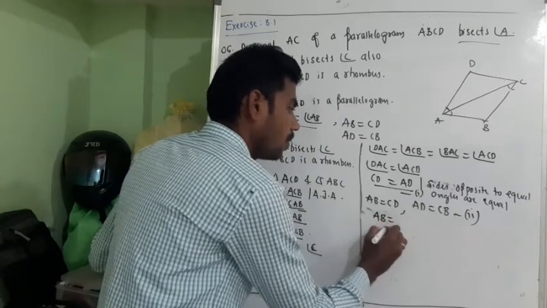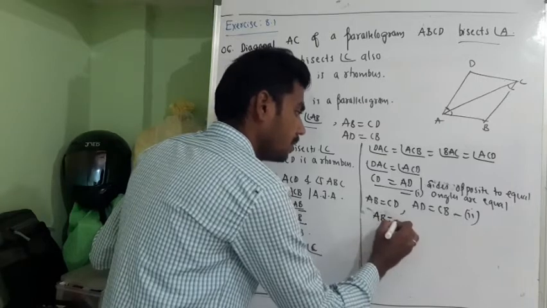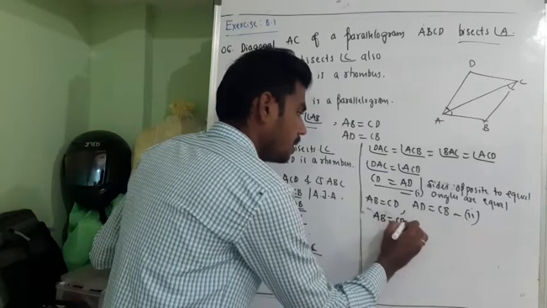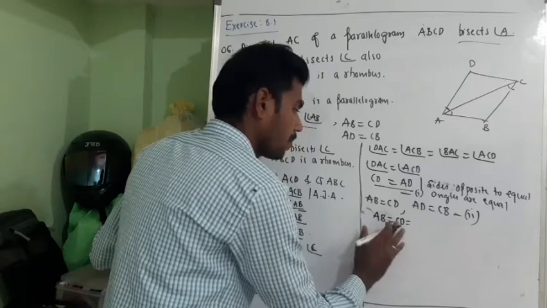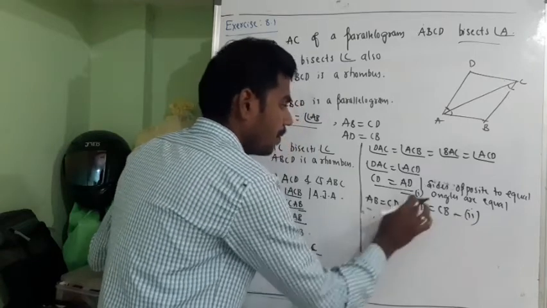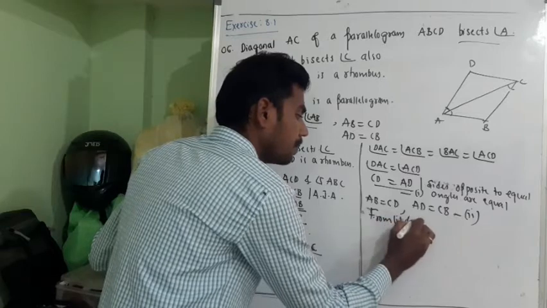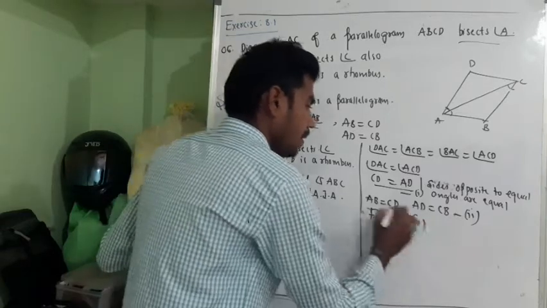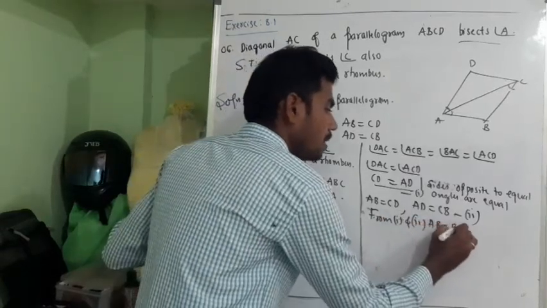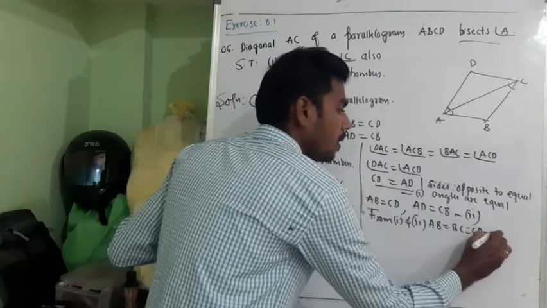From 1 and 2, AB is equal to BC is equal to CD is equal to AD.